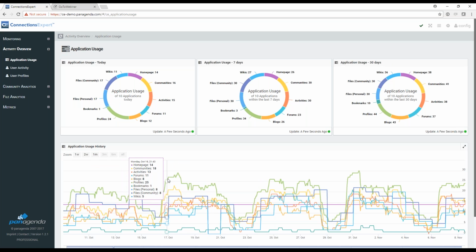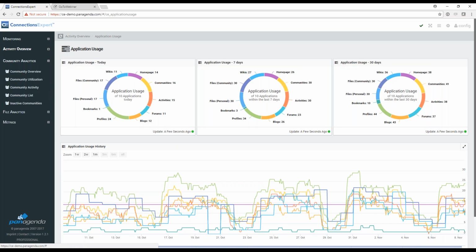How are they using the system over time in terms of different applications? For instance, as you can see here, the light green is profiles, is used most often in this environment. And you can see a definite drop-off here during the weekends, where the system is hardly used by anyone at all. So that kind of information can drive the efforts that you put in to get users to understand certain things.